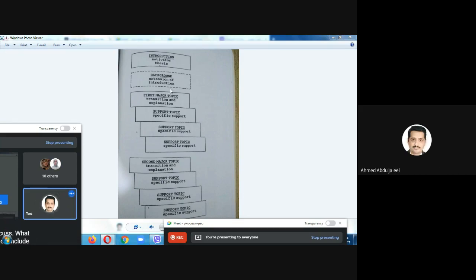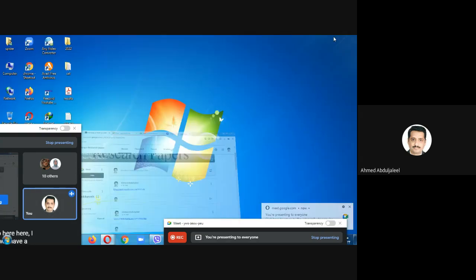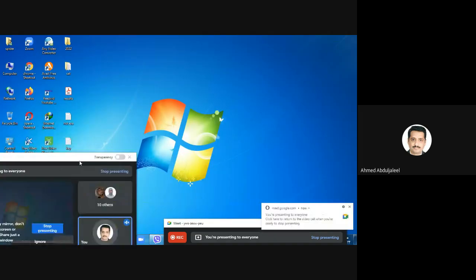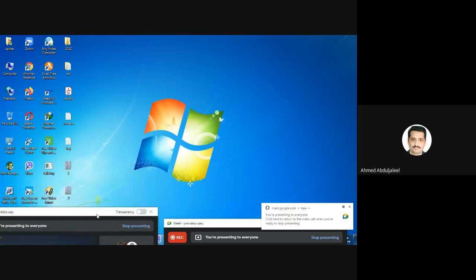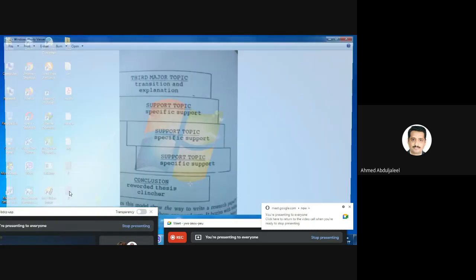So here, normally we have three main parts. We have an introduction and body, and then we have a conclusion. I believe this is in the completion of the diagram on the following page.